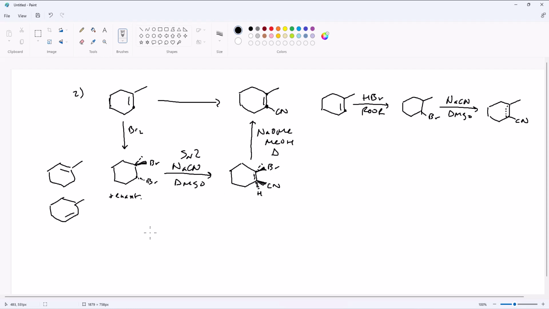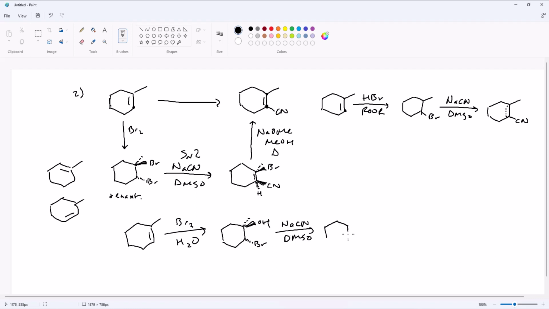An alternative way you could do this is you could, instead of doing Br2, you could do Br2 and H2O, form the halohydrin, and I'll draw stereochemistry here. And then we do the substitution. So this step is the same. We do the substitution at the bromo.